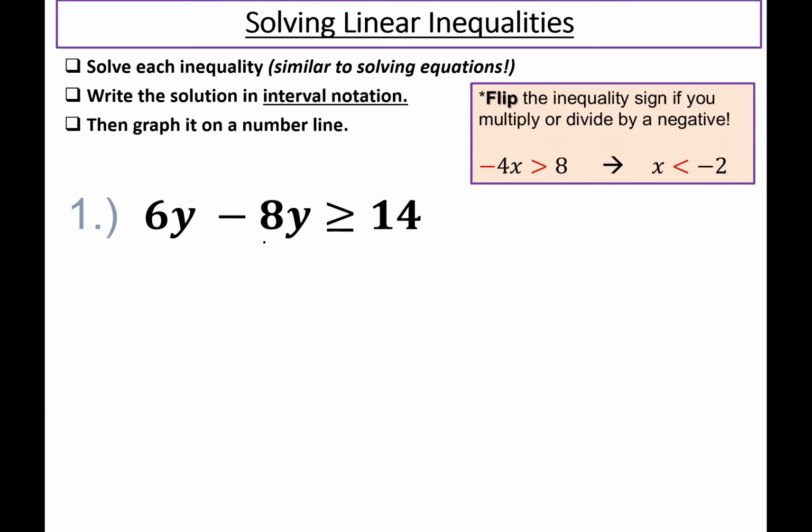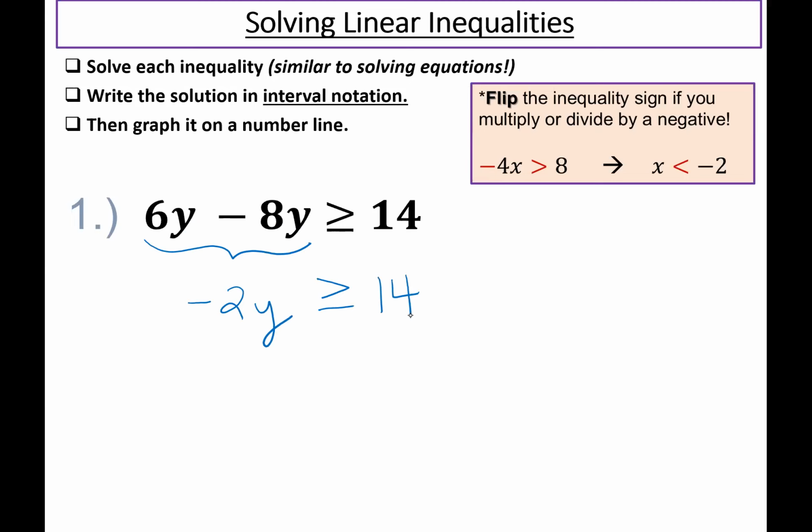Both of the terms with y are together on one side of the inequality. So let's combine them together. So let's start by doing 6y minus 8y. We're putting them together. 6 minus 8 is negative 2. So we'll combine those terms together into negative 2y. So let's rewrite the problem. Negative 2y is greater than or equal to 14.